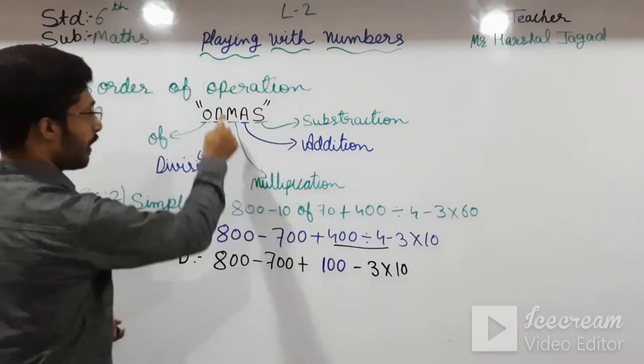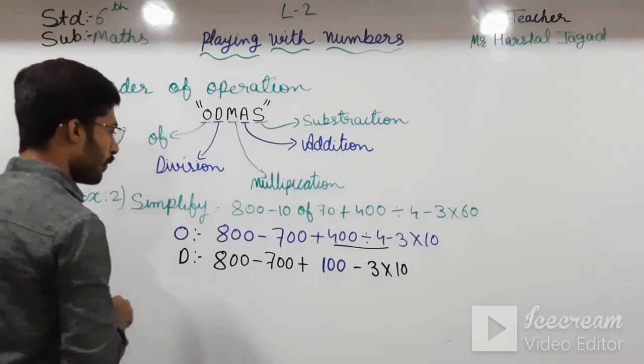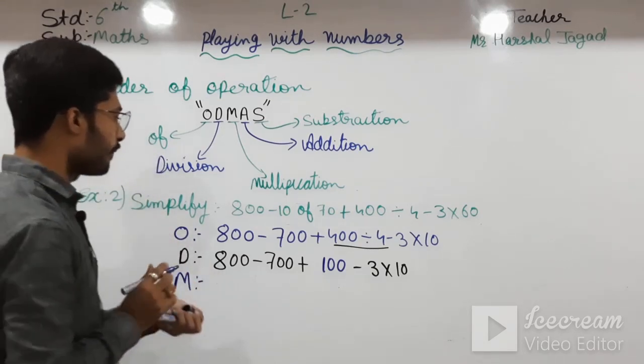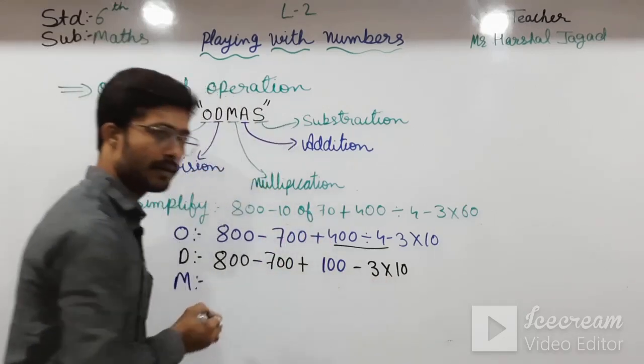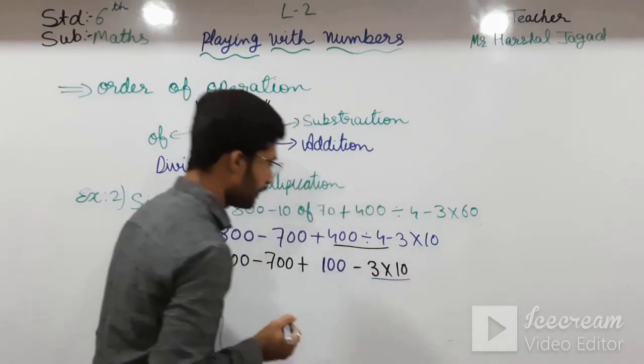Now it's the turn of M. What will be there? In M, it is multiplication. Is there any multiplication over here? Yes, the multiplication is over here.